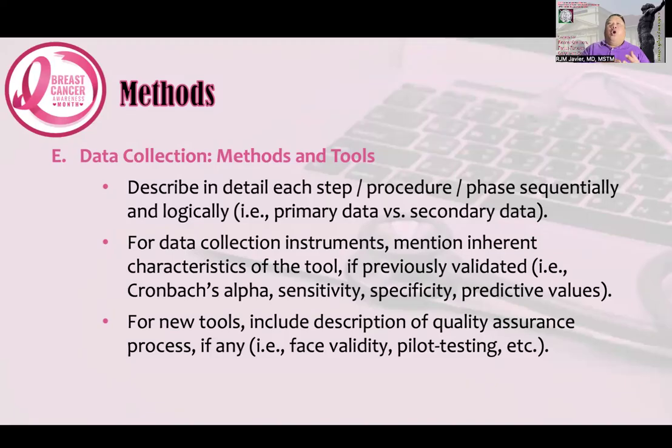For example, will you have an expert review initially the content of your questionnaire through face validity? In the strictest sense, validation studies are already one research topic in their entirety. Validation would look into content, criterion, and construct validity.